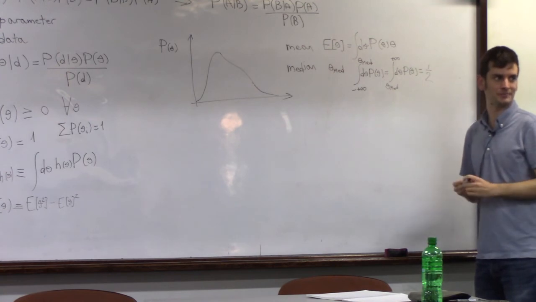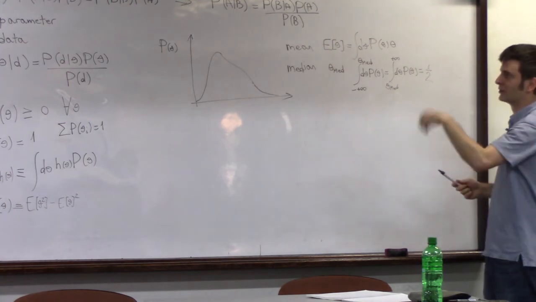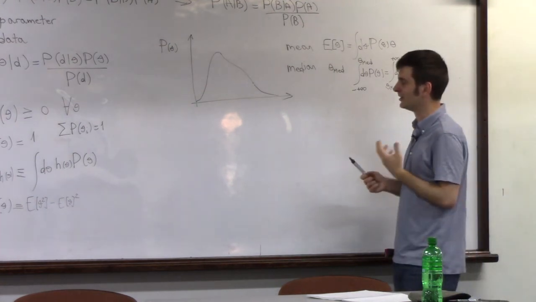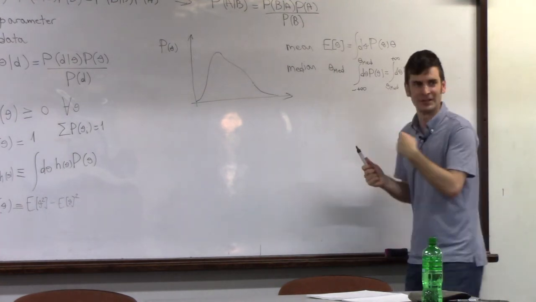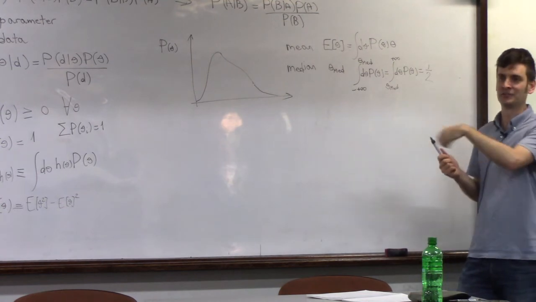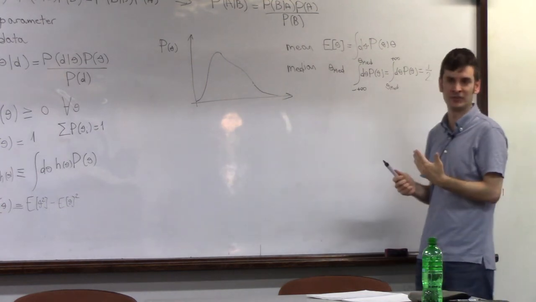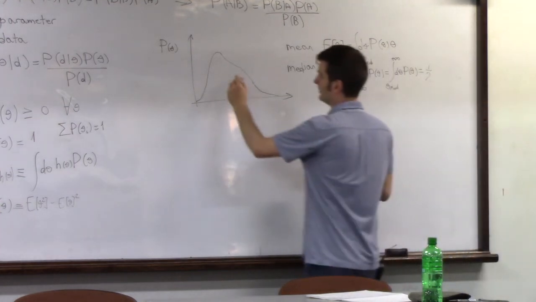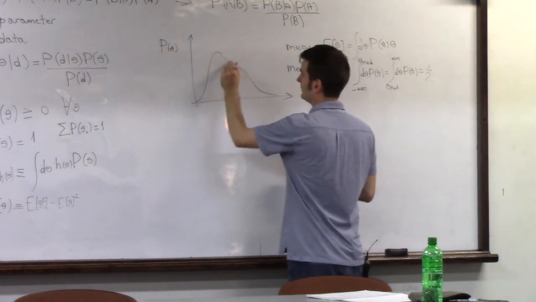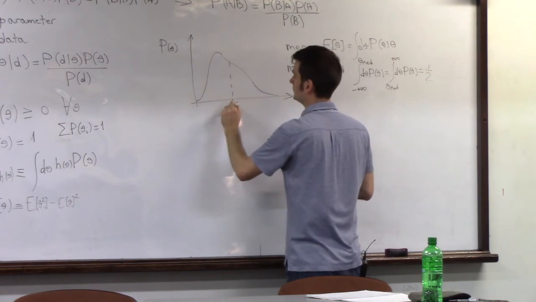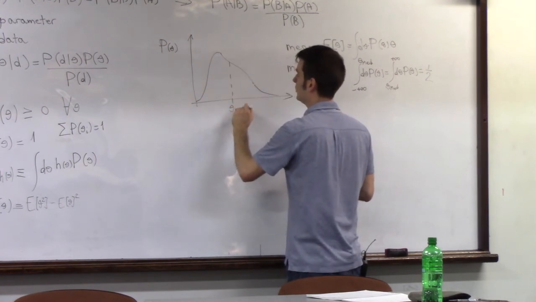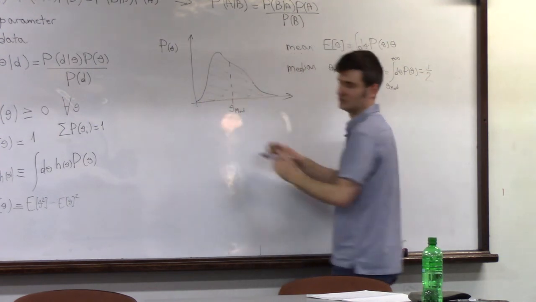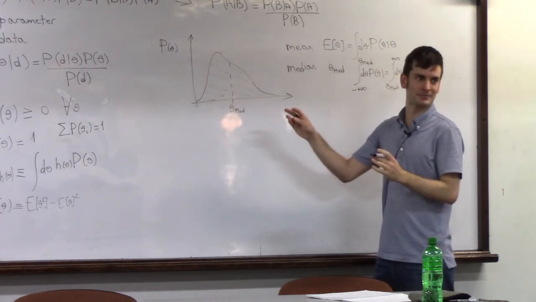A frequentist interpretation of this is if we draw random values of theta from this distribution, I have a 50% chance of picking values below the median or above. So in this case, the area here is equal to the area there.